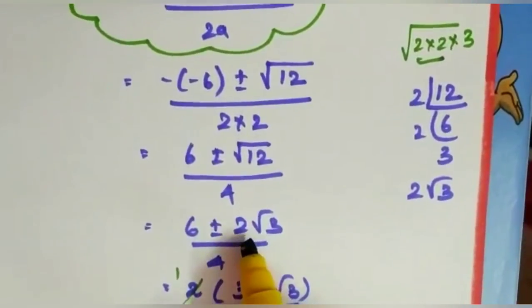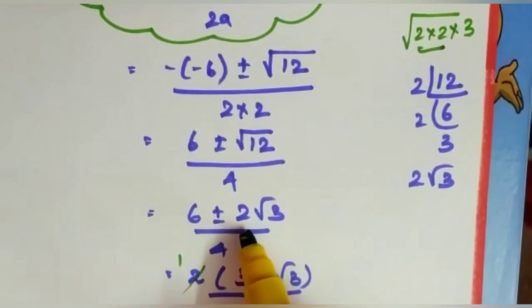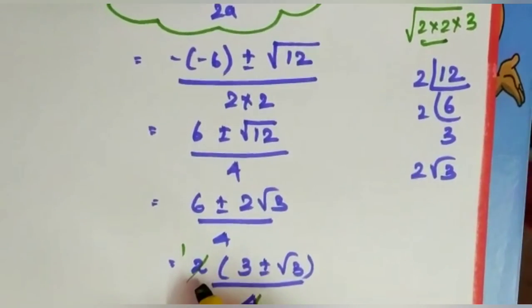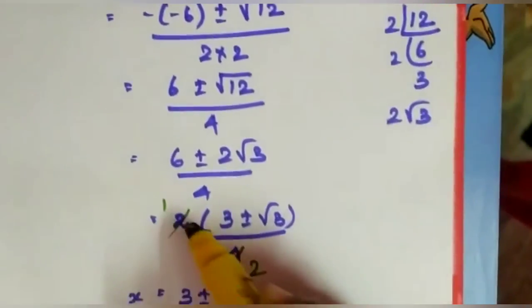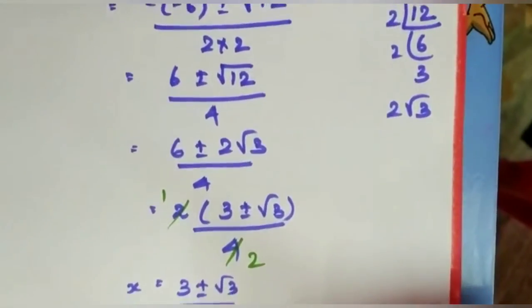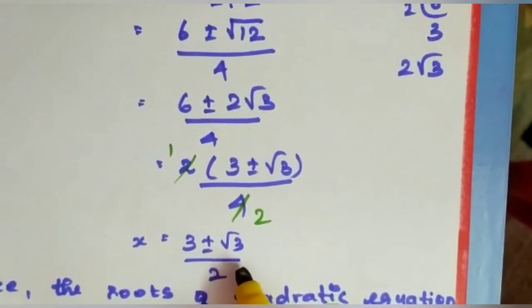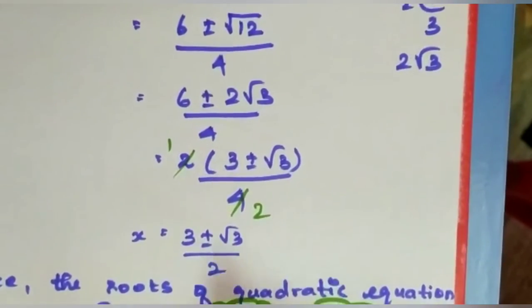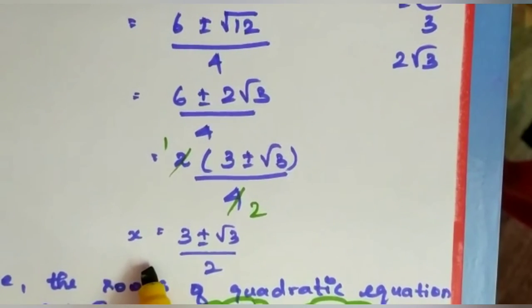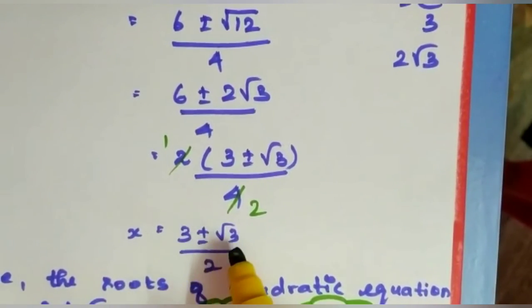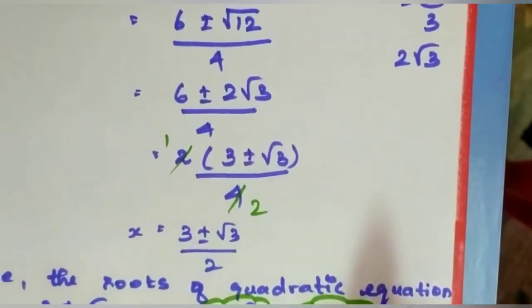Instead of root 12 you can write 2 root 3, and 6 and 2 are both divisible by 2, so you can take the 2 outside and cancel with the denominator. So the remaining value is x is equal to 3 plus or minus root 3 divided by 2.